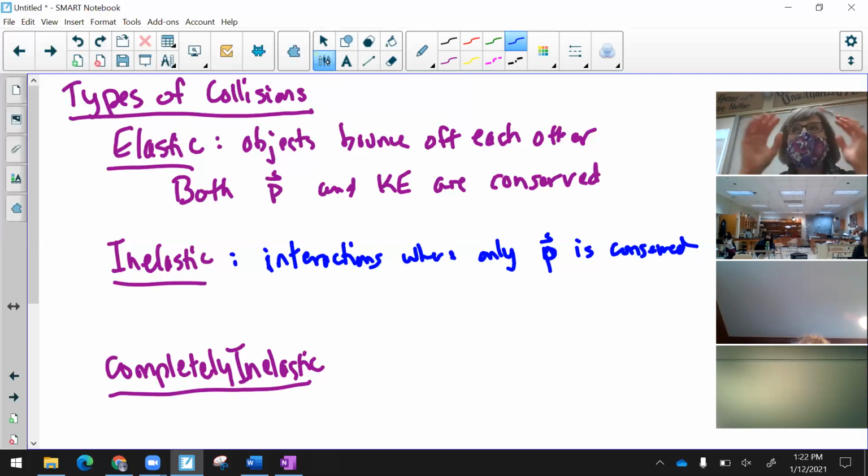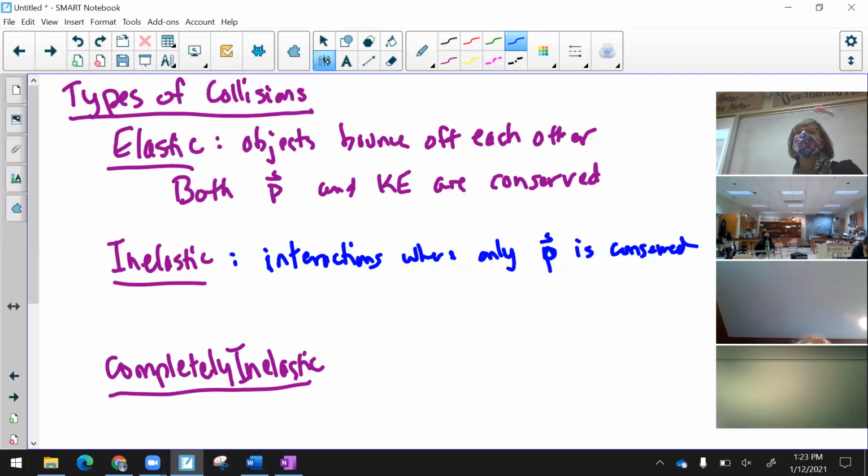What could happen is you could have softer balls that would deform when they bounced off each other. The thing about pool balls is that they have a very hard outside, so they just bounce off each other. But if you had soft soccer balls or soft kickballs, or bean bags or foam balls, those might deform, and so energy would go into deforming the objects and then having the objects go back to their original shape.